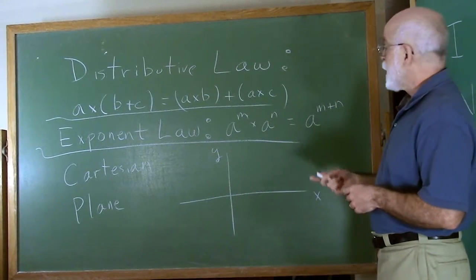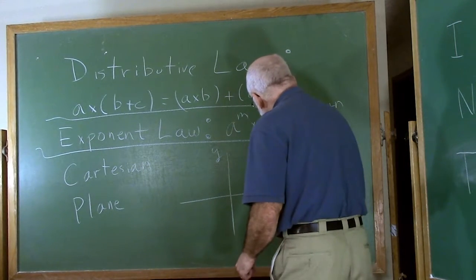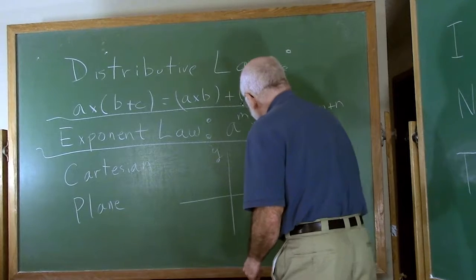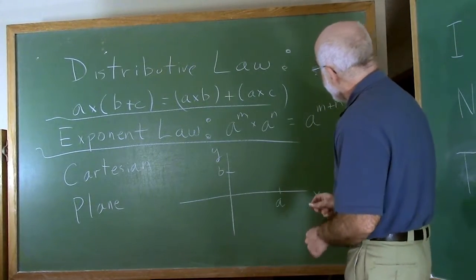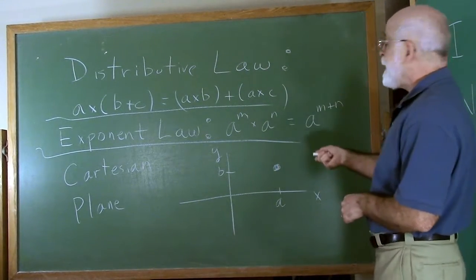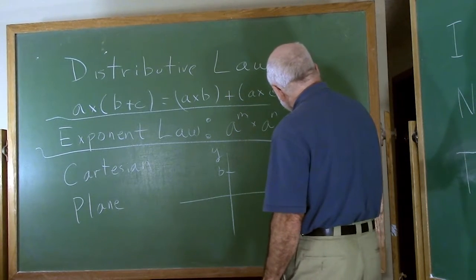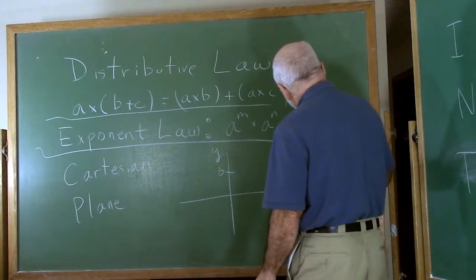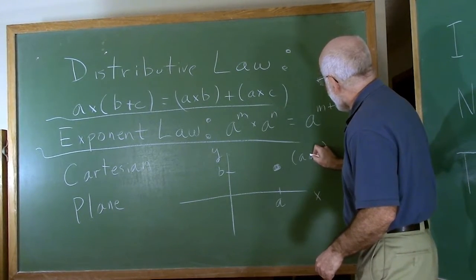Got a pair of number lines there, x and y axes. Mark off numbers on each of those axes. The dot you get with those x and y values is called an ordered pair, A, comma, B.